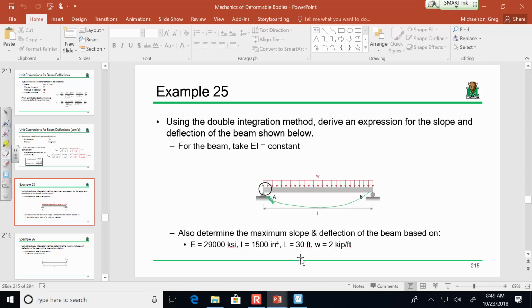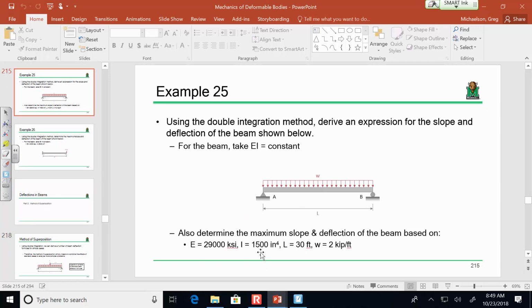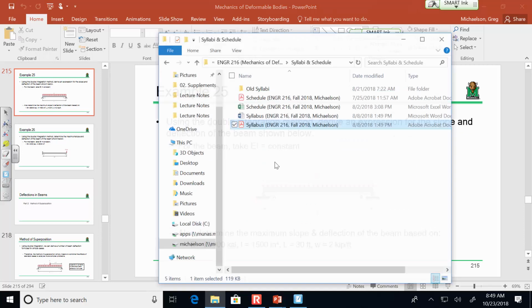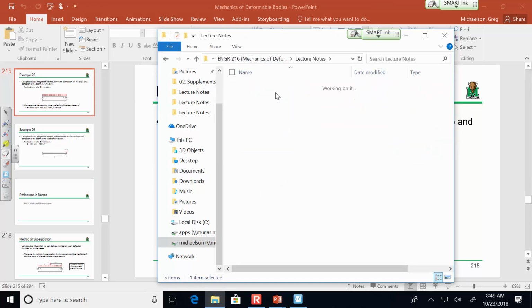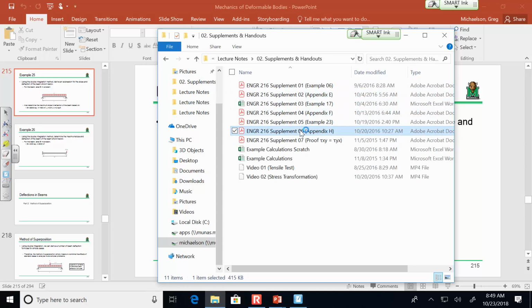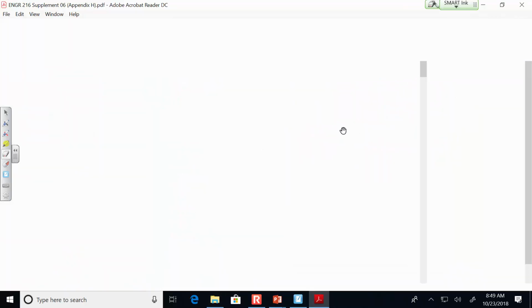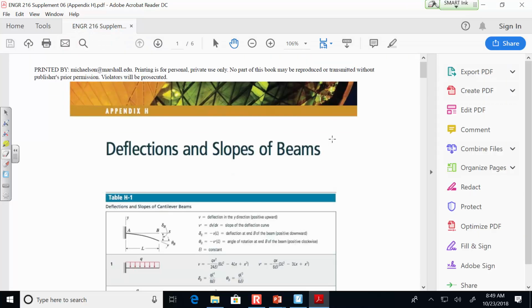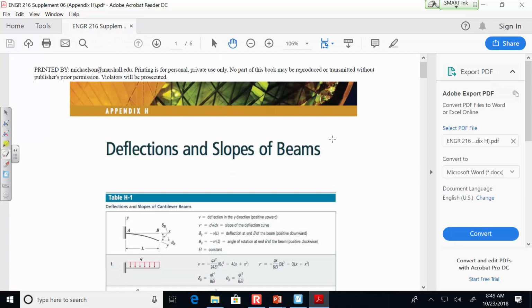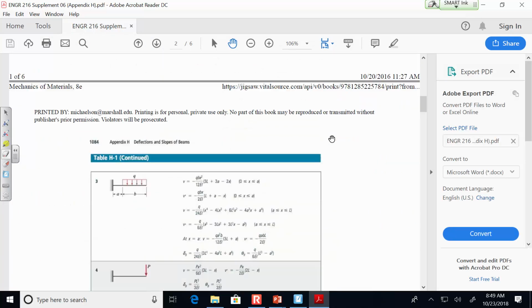Now, just so we're aware, let me show you something. If you go to your textbook and you go to Appendix H, Appendix H lists slopes and deflections for various common situations.